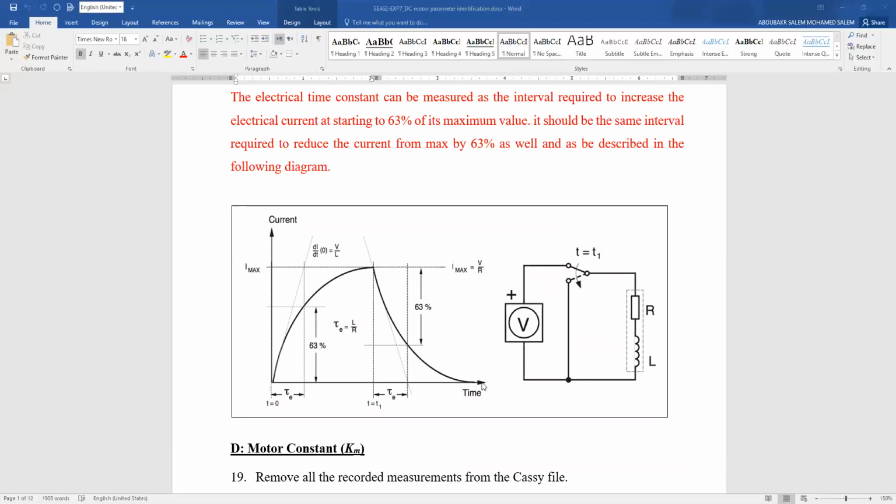For the definition of time constant for any circuit, we can calculate the time constant by using 2 different ways. Either the time required to reach the steady state, when we get the value of 0.63 of the maximum value, which is this value here, this time will represent the electrical time constant.